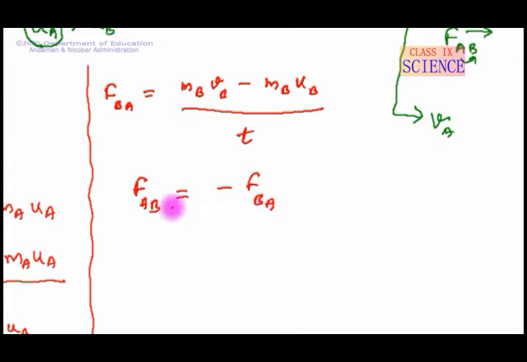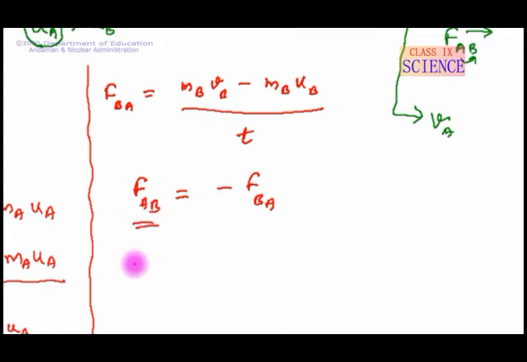We have to add the minus sign because FAB is the force exerted by ball A on ball B. An equal amount of force will be applied by ball B on ball A, but in the opposite direction. The opposite direction can be indicated by a negative sign.